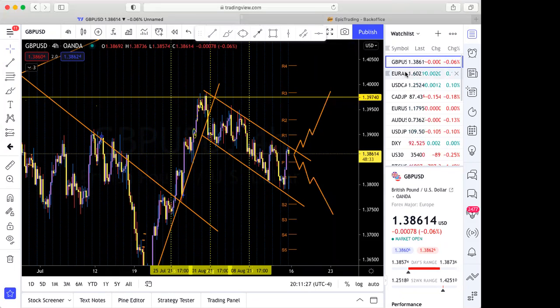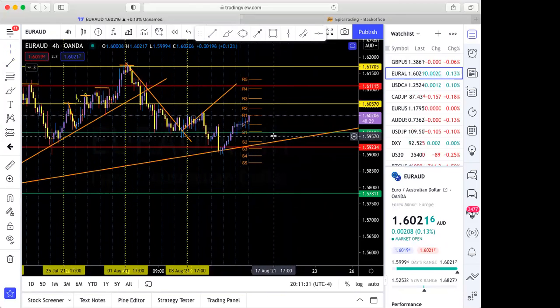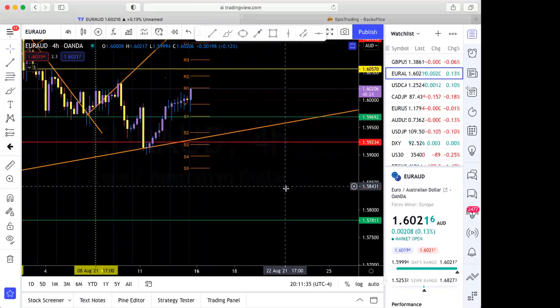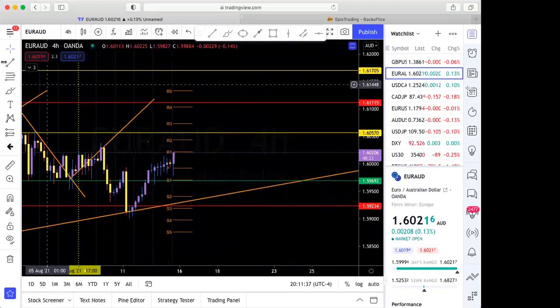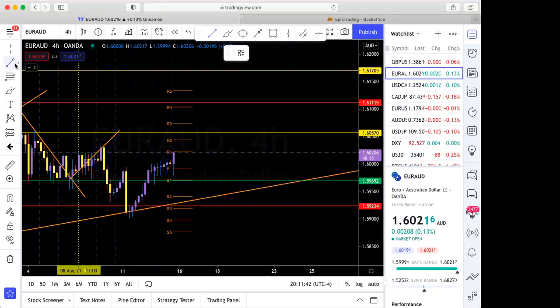All right, so then we go over here to EA. We're going to do the same thing. This is what we call charting and projecting. Price is right here. Already at R1 in EA.